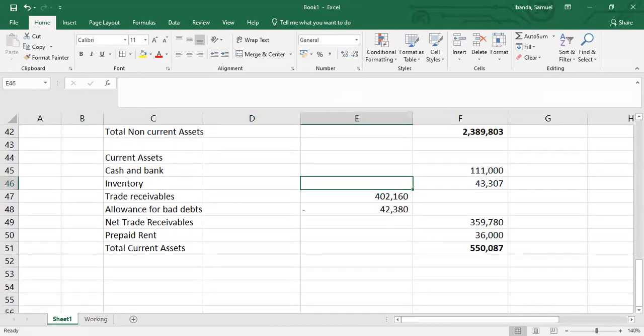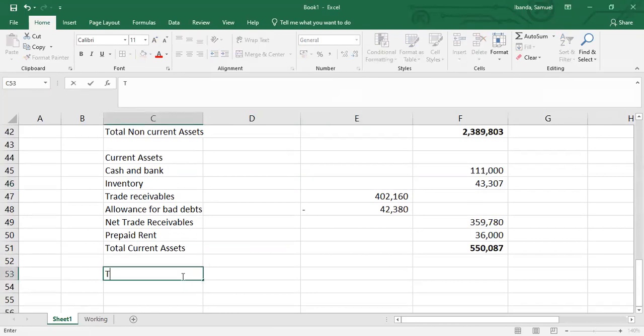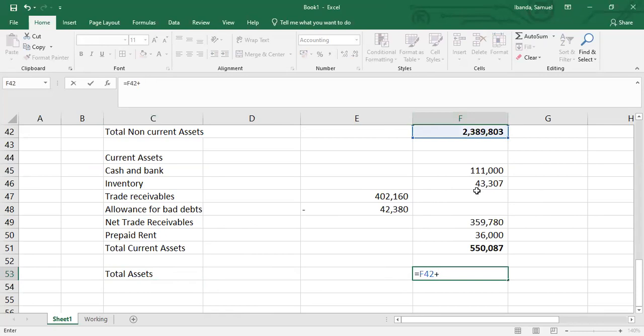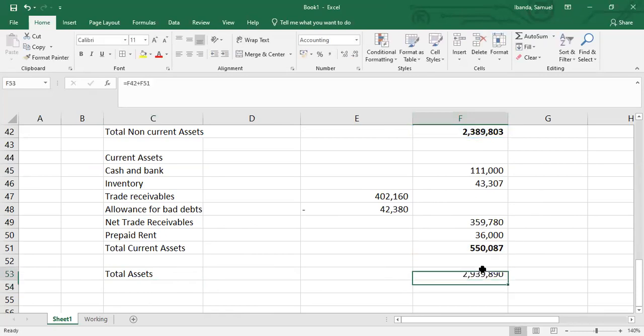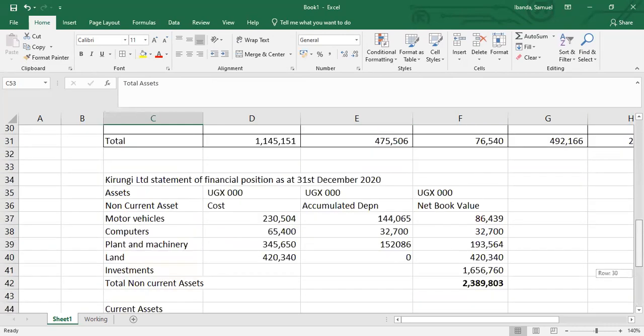So after that, I'll have my total assets, which is the summation of that and that, which gets me to 2,939,890. That is what I basically have as my total assets.